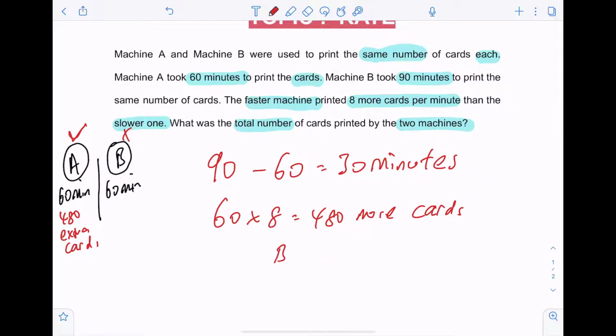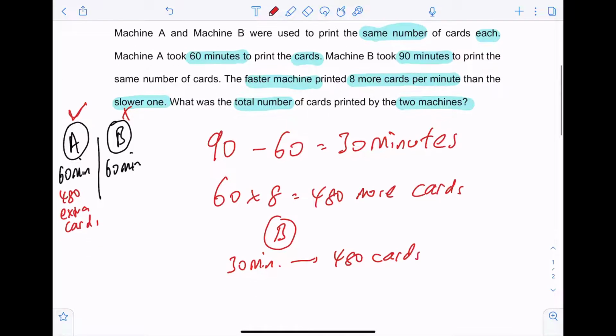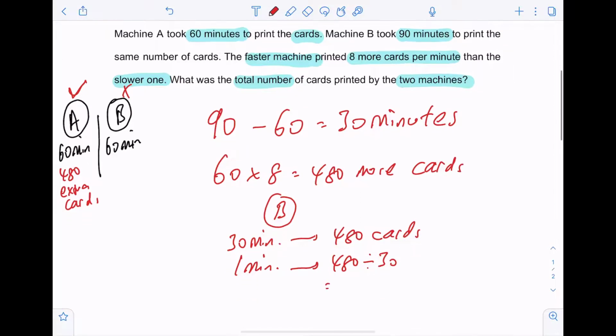Okay, so now we focus on machine B. It required 30 minutes to print that extra 480 cards, am I right? So you can actually find per minute how many cards it is printing. Okay, so if you give machine B that total of 90 minutes, it's able to finish the job.